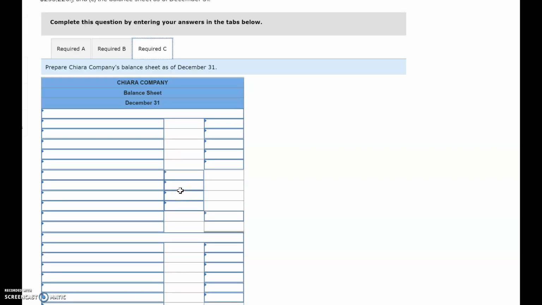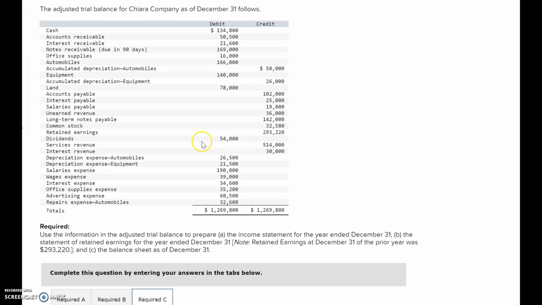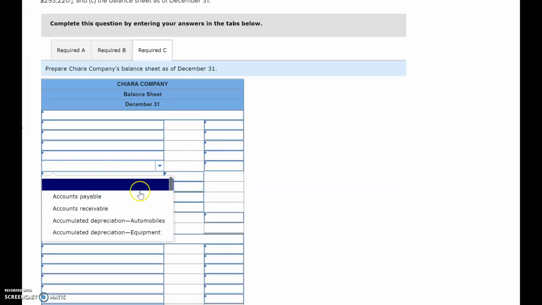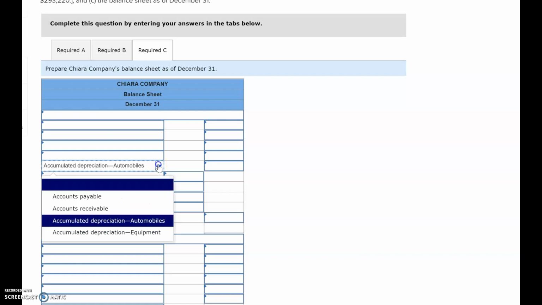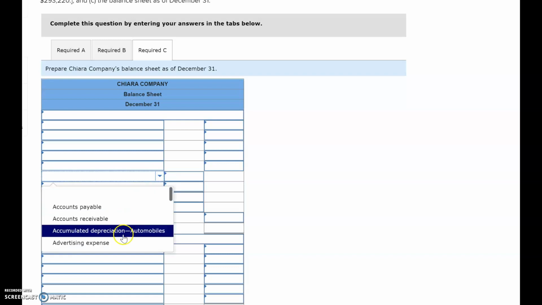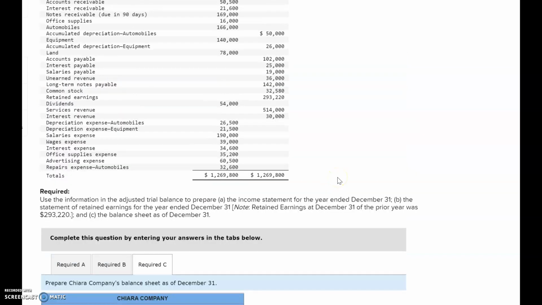But one thing that we didn't have in chapter 1 is here we've got the accumulated depreciation that we factor in. So you'll be listing the automobiles. And your problem will have different numbers than mine, most likely.